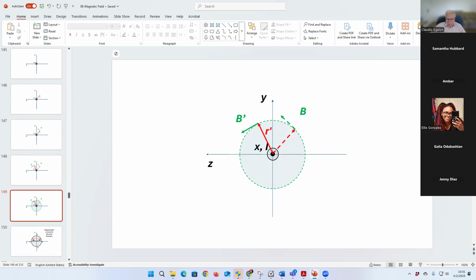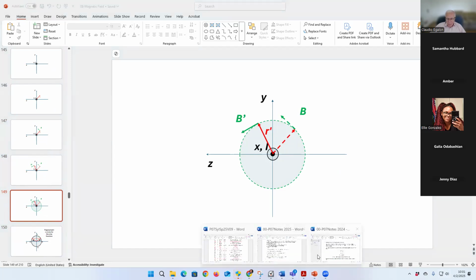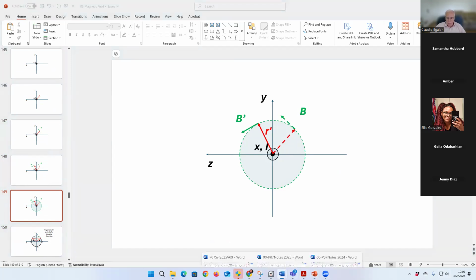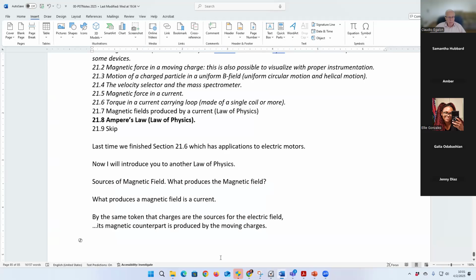And then let's write that down in the notes. The direction of the magnetic field depends on the direction of the current.